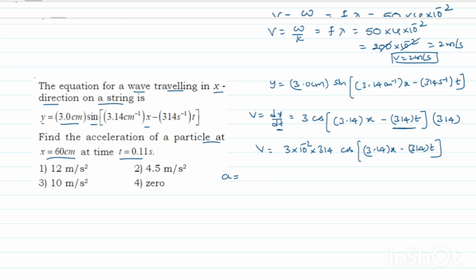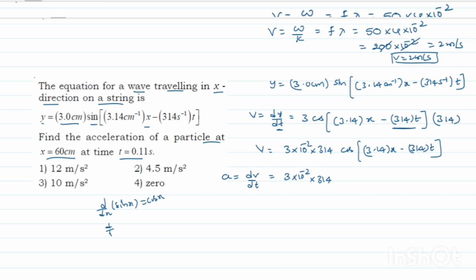Now calculate the acceleration: a equals dv by dt. Again do the differentiation, students. 3 into 10 power minus 2 into 314 is a constant value. The derivative of cos x is minus sin x, and the derivative of sin x is cos x.